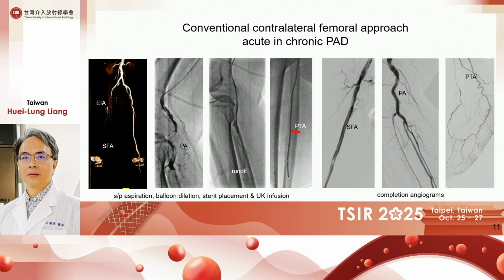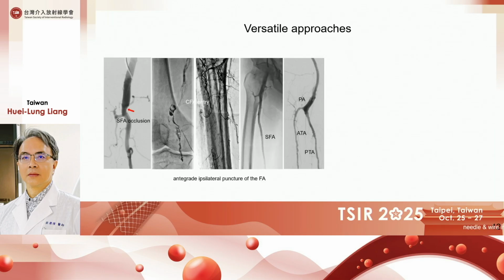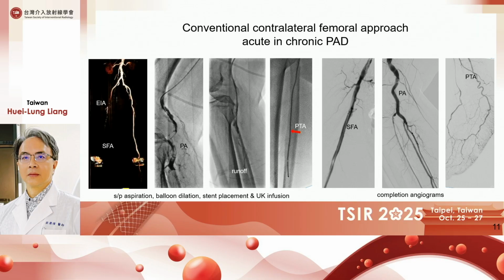After catheter aspiration of the thrombus, balloon dilation of the underlying vascular stenosis and urokinase infusion, the completion angiogram showed good patency of all the above-mentioned lesions.